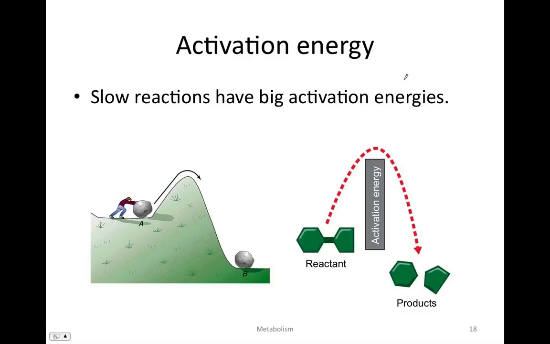The reason that reactions are slow is that they have big activation energy. We talked about a favorable reaction being like rolling a rock down a hill. But a reaction is not just a change in energy from the reactants to the products.